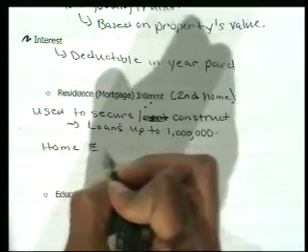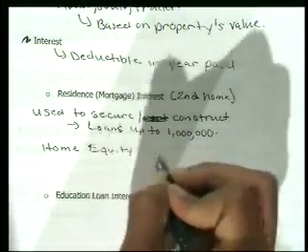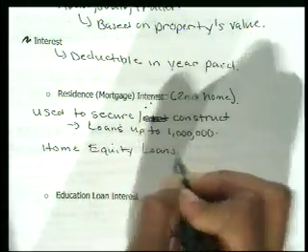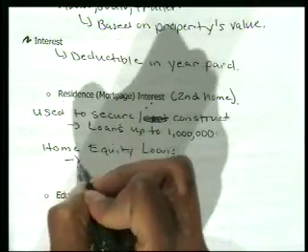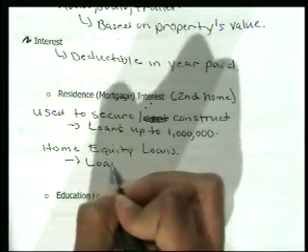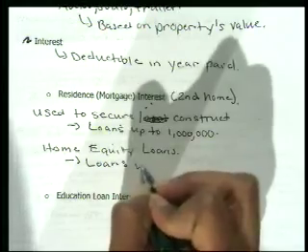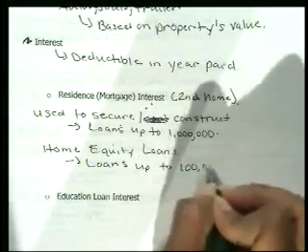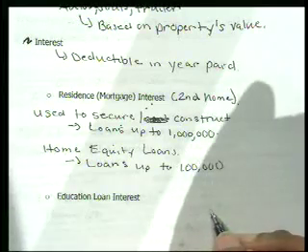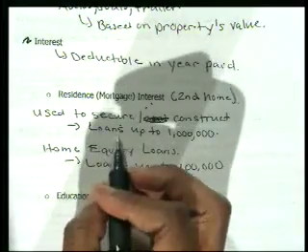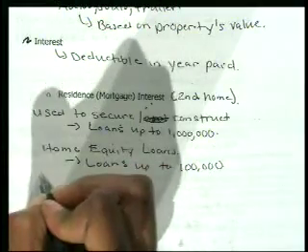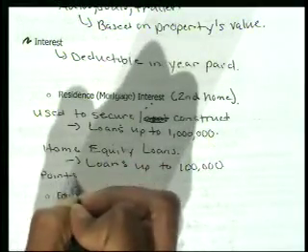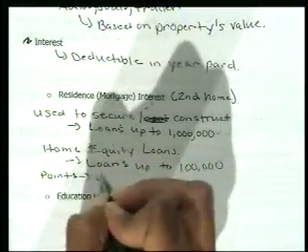Home equity loans, as you know, they talk about home equity loans that we get. That interest is deductible as well, and it's deductible only on loans up to $100,000. And then they talk about points as well. Points are going to be deductible.